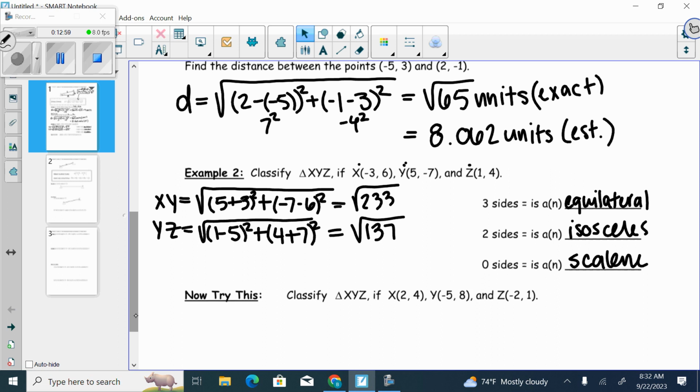Okay, so far we know that it's definitely not equilateral, right? But we need to see what that third side is. So now I'm going to compare sides z and x. So now this is going to be my x1, y1, and this is going to be my x2, y2. So what would my x2 minus x1 be?